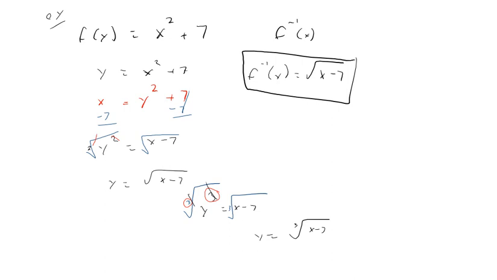If it's something different, if it's a cube root, or a 4th root, or a 5th root, you can have any kind of root you want. If it was a cube, we would do a cube root. If it was a 4th power, we do a 4th root. They always cancel the exponents.